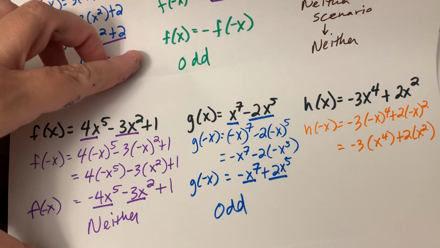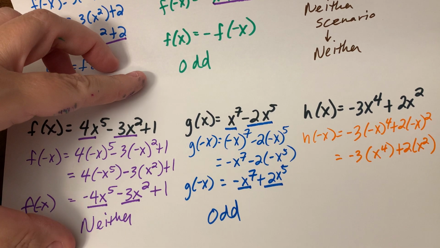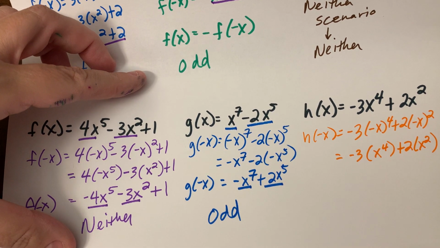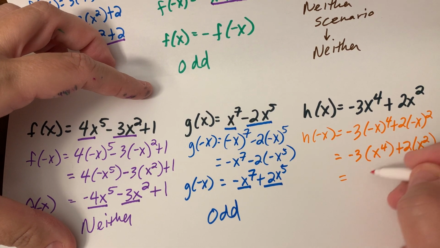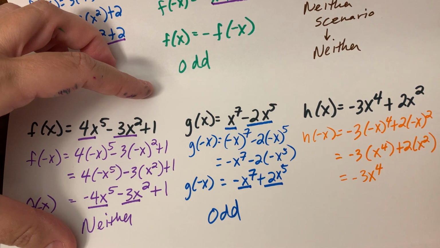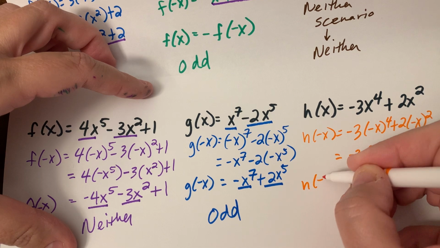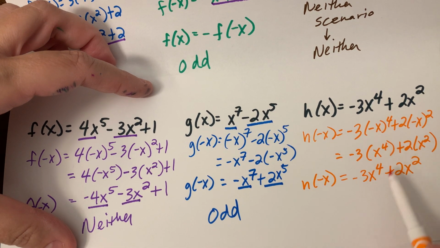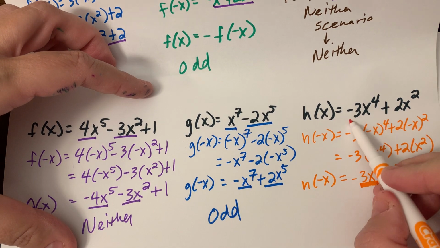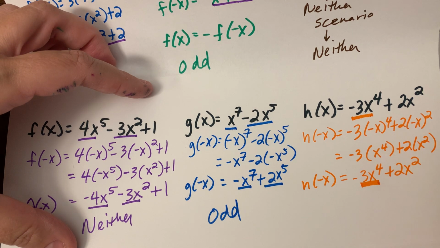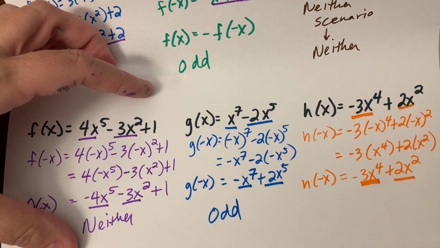Remember, when you're raising negative numbers to even powers, your answer is going to be positive. Multiply here, we get negative 3x to the 4th. Here we get plus 2x squared. If we compare our results, negative 3x to the 4th, negative 3x to the 4th, they're the same. 2x squared are the same.